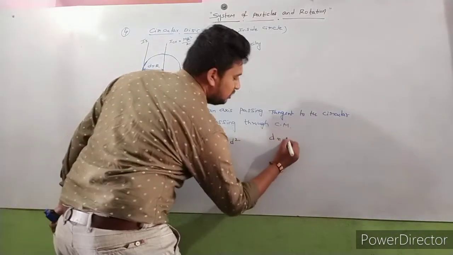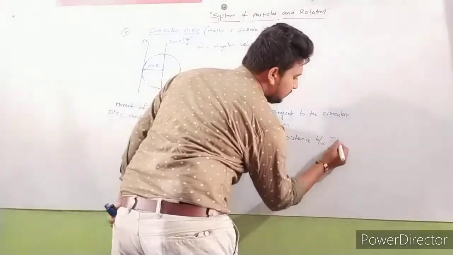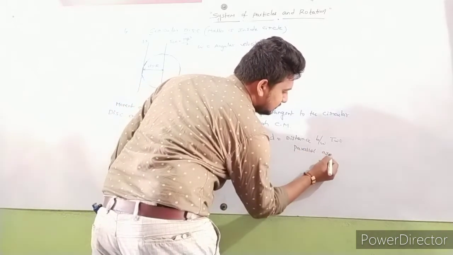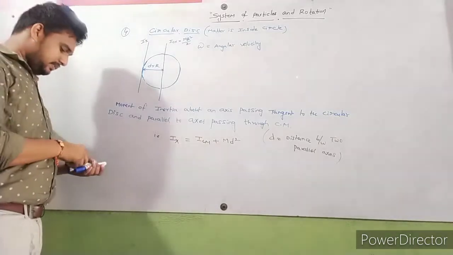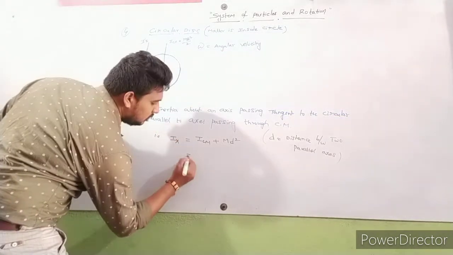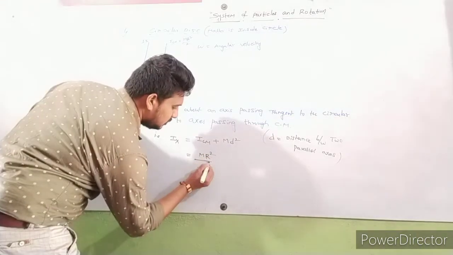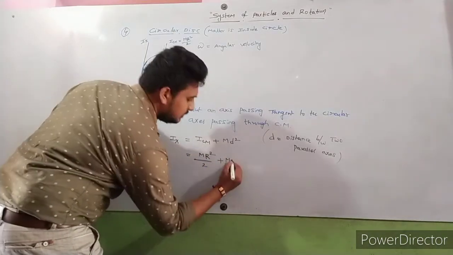Here d is equal to the distance between two parallel axes. ICM is equal to mr square by 2 and md square means m into r square.